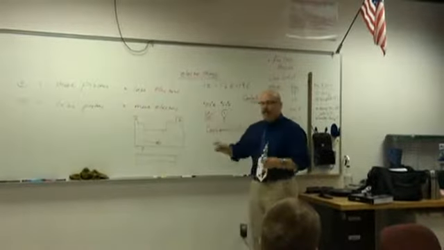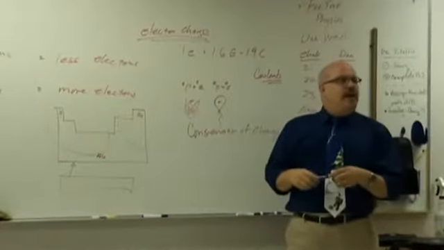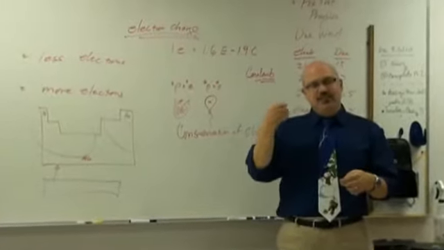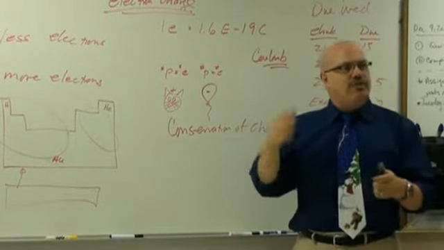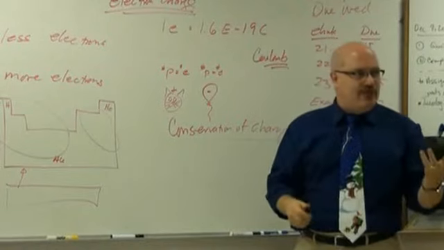Okay. So, two things. Where does the charge come from? The outside shell. And we explained why some become positive, some become negative. We also need to remind everybody of conservation of charge. This is one of our big conservation laws. Charge doesn't just magically appear or disappear. The net charge before equals the net charge after.